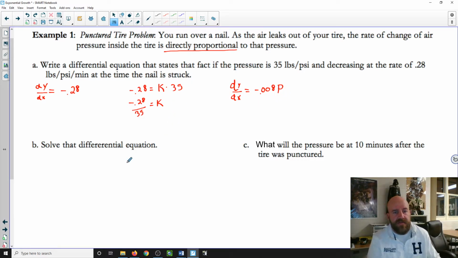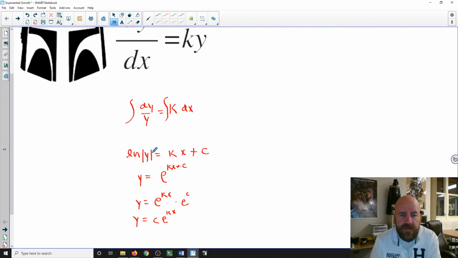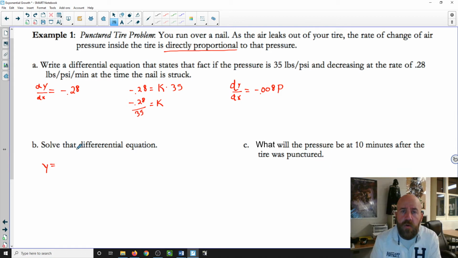Okay, so now we can solve the differential equation. So we know the formula, when we went through that in the beginning, y would equal c e to the kx. If we plug in time 0 for the x, this would be e to the 0, so that would just be 1. So our initial value is always that c value.